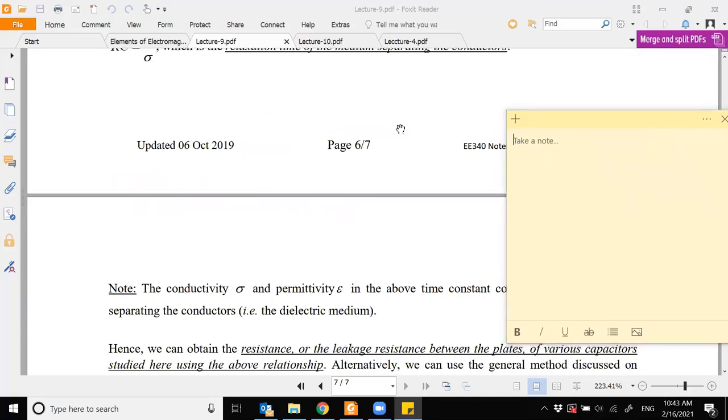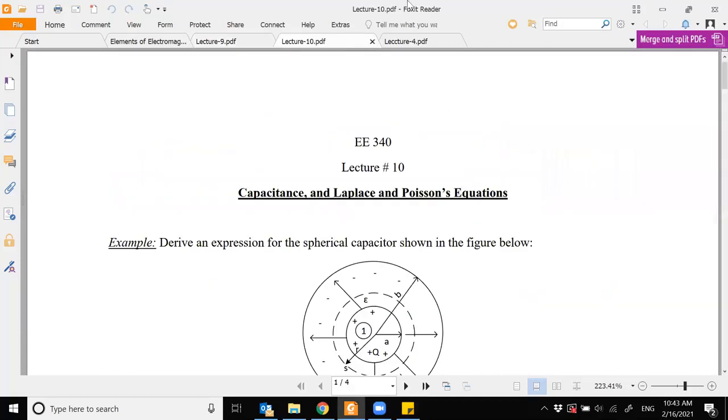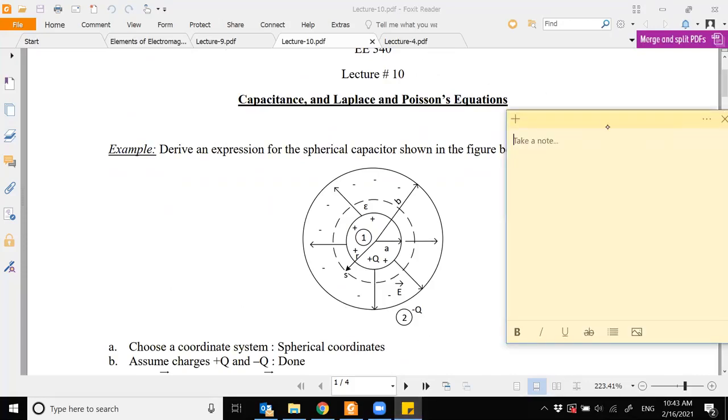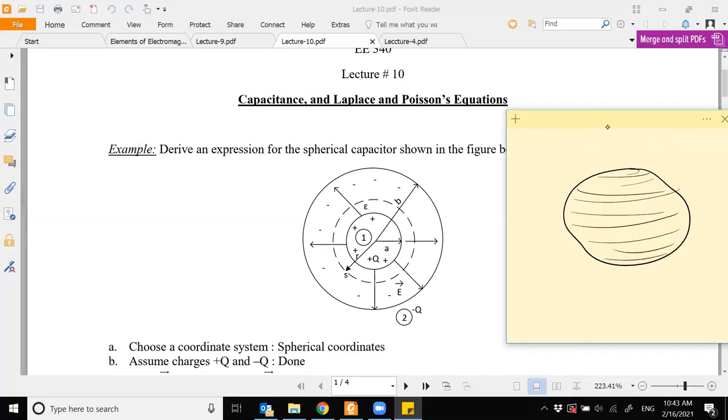Now we have one more example, which is a spherical capacitor. It's not a cylindrical capacitor now, it's in the form of a sphere. So you have a ball, maybe a soccer ball.